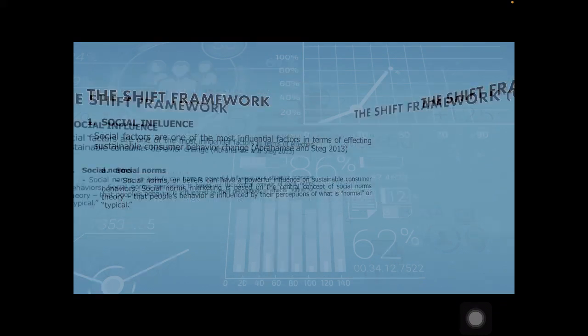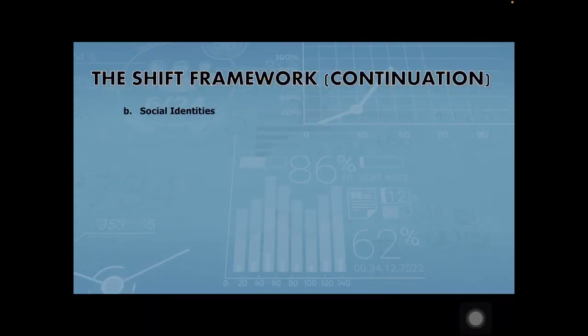Social identities. Social identity is a person's sense of who they are based on their group membership. Groups which people belong to are an important source of pride and self-esteem. Groups give us a sense of social identity, a sense of belonging to the social world.